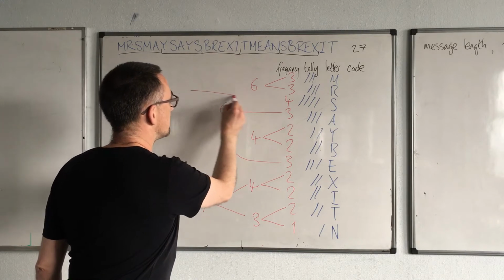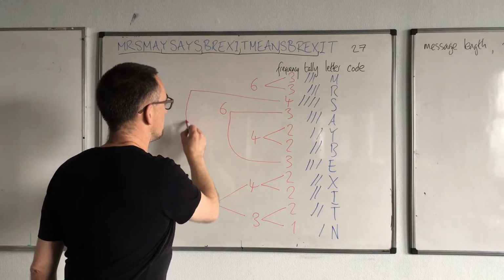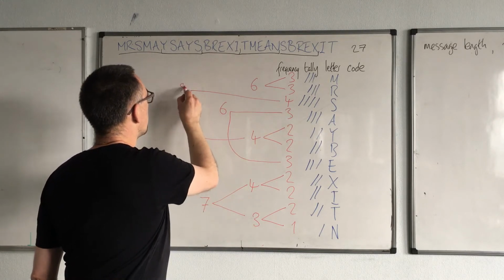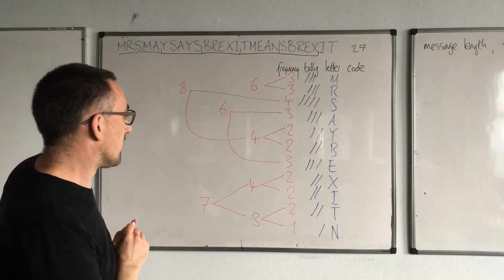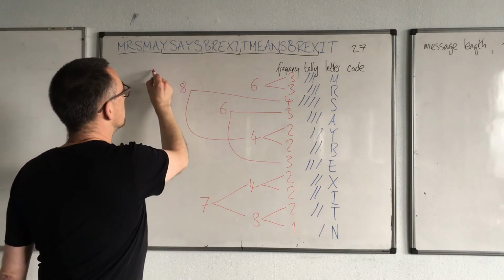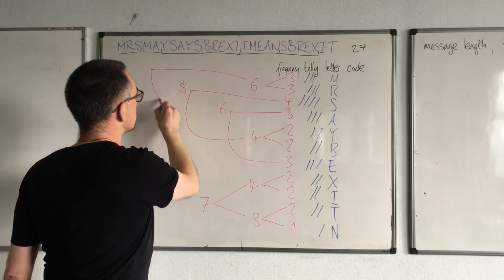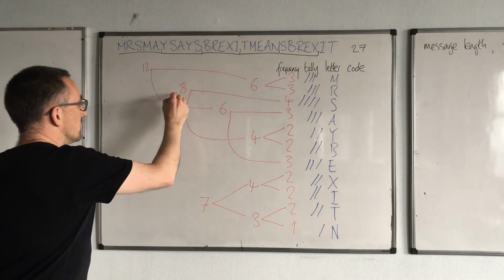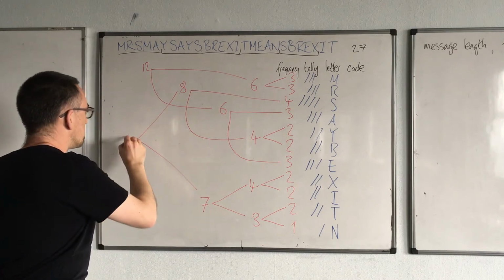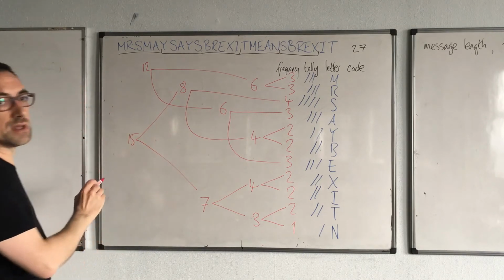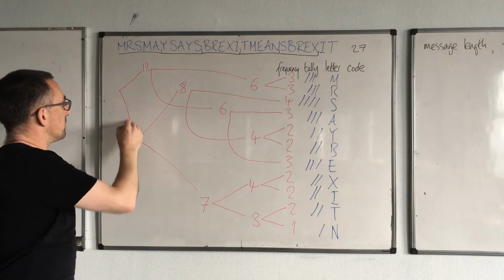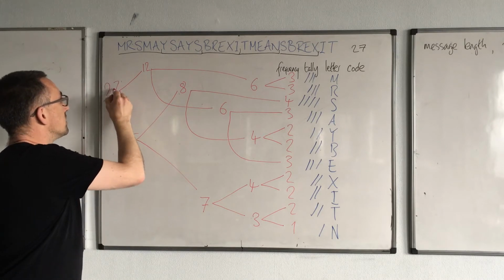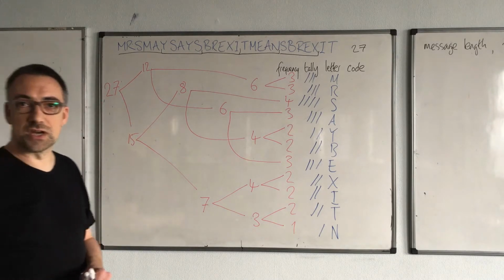So these 2 4s will make an 8, and we're still going. These 2 6s will make a 12. The 7 and the 8 will make a 15, and the 12 and the 15 will bring us back to 27. There's that total again.